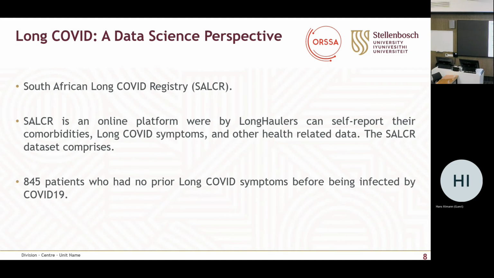This is an online repository whereby patients, in quotes, I would say long haulers, because people who suffer from long COVID are called long haulers, log into the platform and register their comorbidities, their symptoms, and other health-related information like gender, weight, height, the severity of their COVID symptoms, and perhaps cancer-related information.